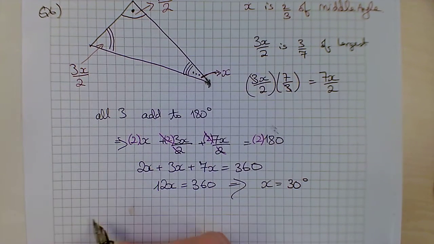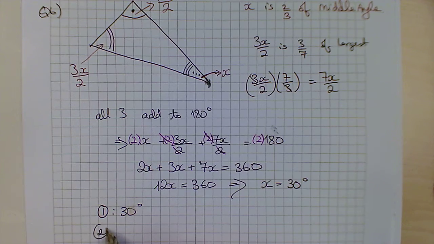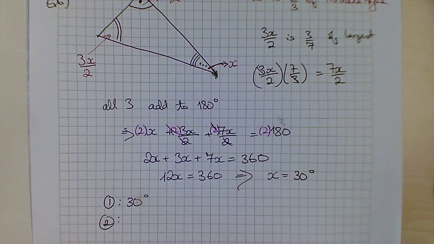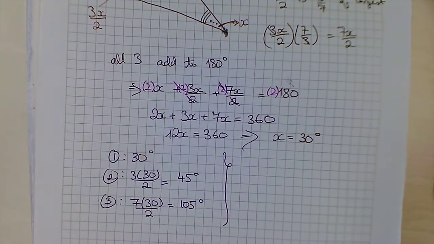Okay, so my angles, the smallest angle should be 30 degrees. My middle angle should be 3 times 30/2, which is 45 degrees. And my biggest angle should be 7 times 30/2, which is 105 degrees.